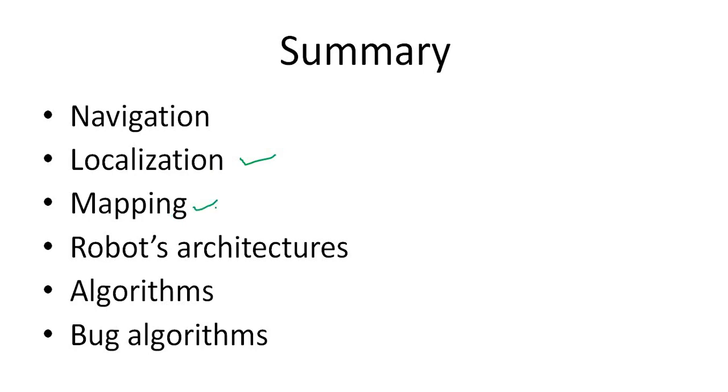Today we learned what mapping is, how we can make a discrete map of the environment, and what the advantage of using a discrete map is. Then we briefly discussed robot architectures, 3 different types of architectures and their advantages and disadvantages.